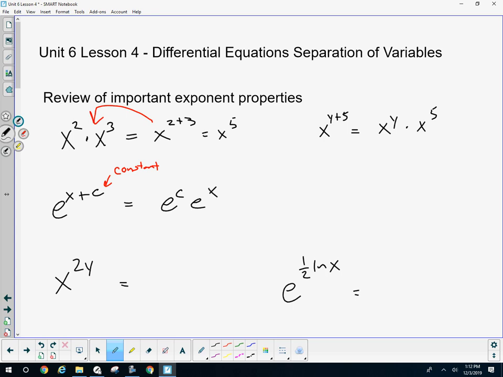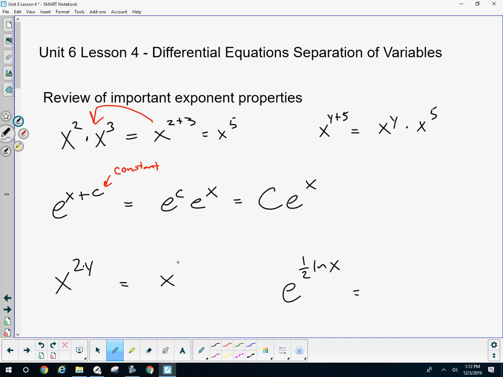The reason I write e to the c first is because of what I'm about to do. e to the c, if c is a constant, is just c. And all of a sudden, we have c times e to the x, which sometimes will be in a helpful position when we are solving the differential equations we're about to solve.